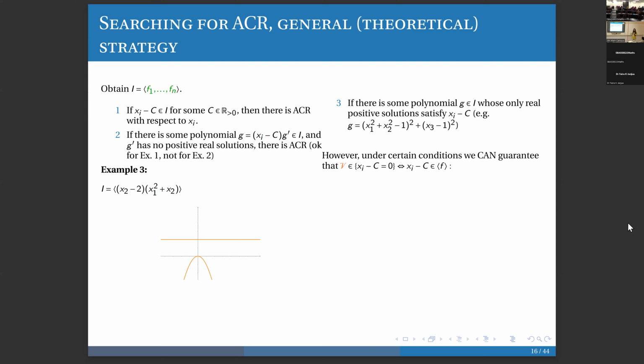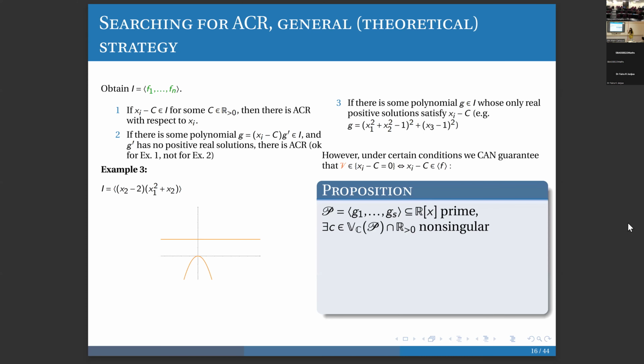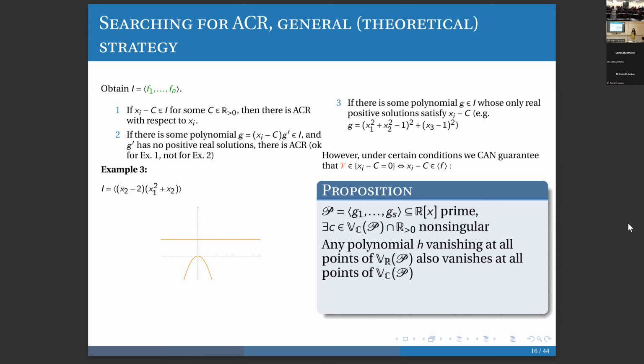Well, there is a case in which it can be: the case in which my ideal is prime, and I can find a point that is real, let's say positive to make sure that there is something, which is non-singular. So if I can find a non-singular positive point in my variety, then all the complex points satisfy all the polynomial equations that the real points satisfy.